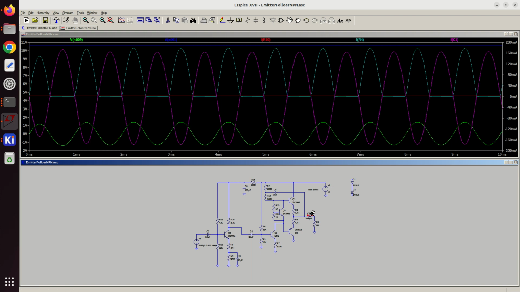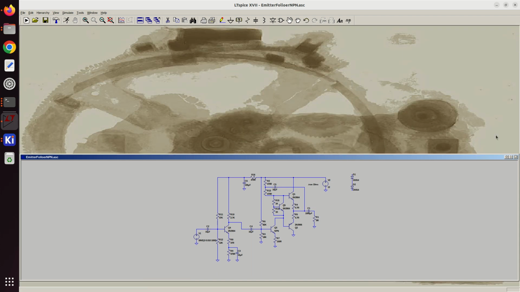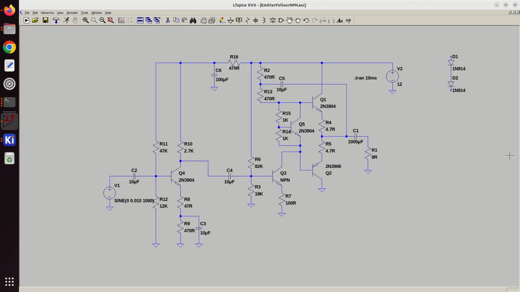Let's look at on the capacitor. So we have 160 plus or minus 160 milliamps, and yeah, okay. So let's just do a final view of the circuit, and I like the idea of this guy here.